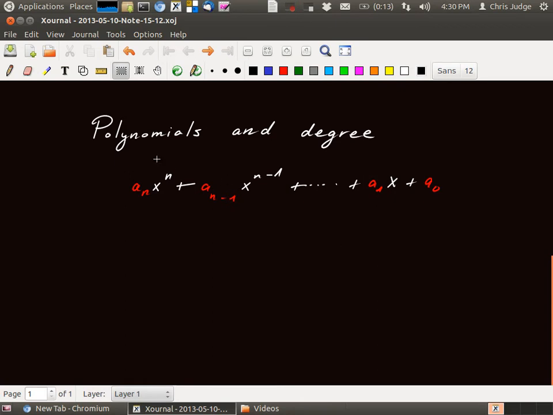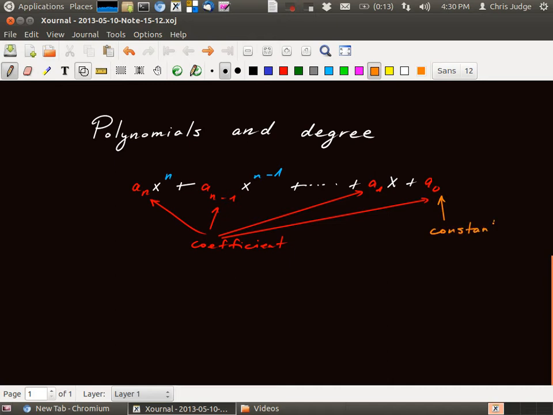And then we have the powers, and then the variable is x. So these are the coefficients. This last coefficient is usually called the constant term. It's just a number. So the a's are numbers, the x's are variables, and then we have the powers associated to each x. Let's look at some examples.